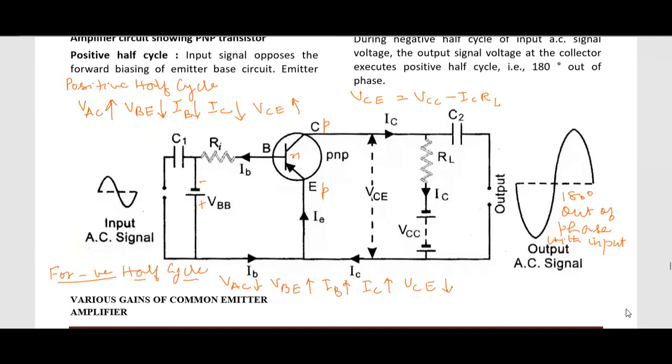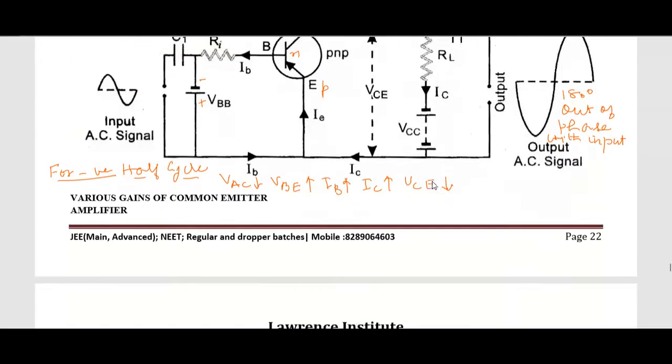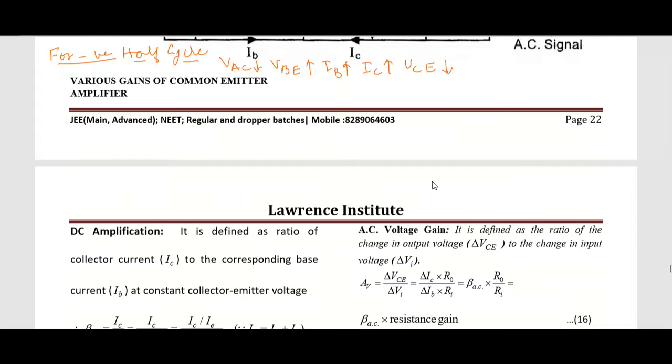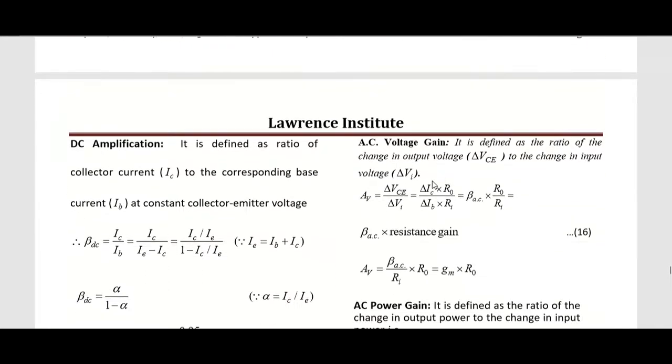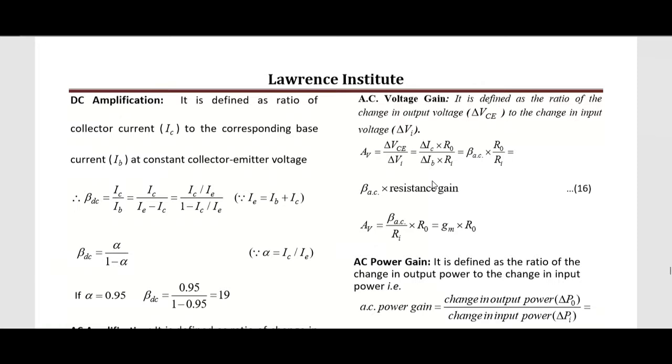They are out of phase by 180 degree with input. So this is the basic relationship. Now, voltage gain of common emitter amplifier. This is common emitter amplifier.